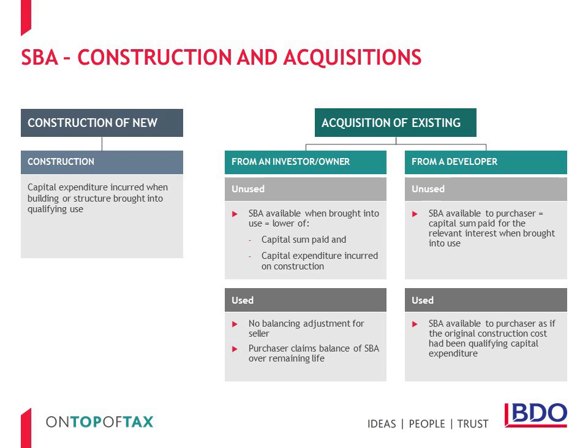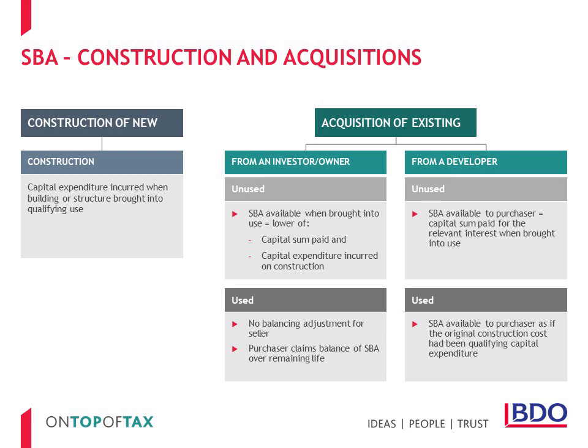However, where an existing building is acquired and the original construction expenditure on that building was under a contract entered into after 29th of October 2018, the allowances can be available to the purchaser.